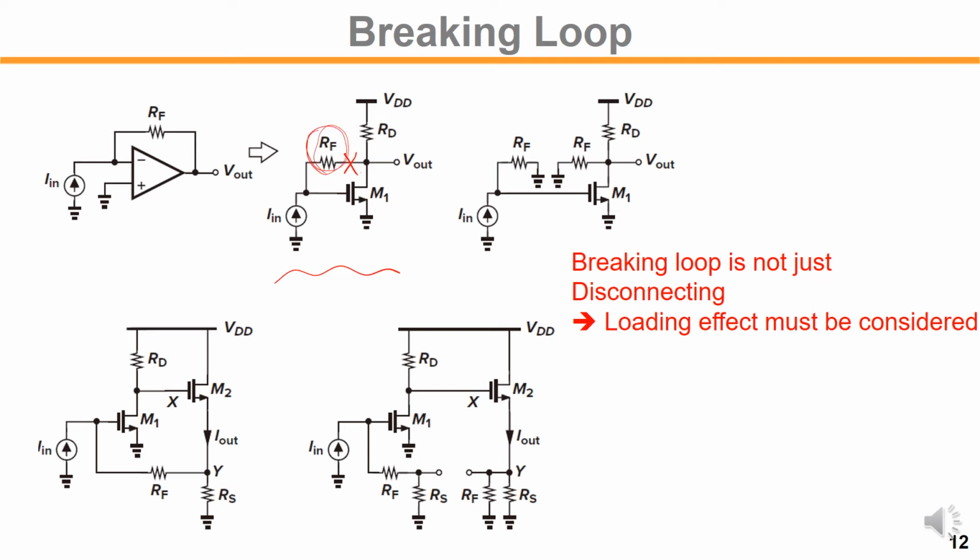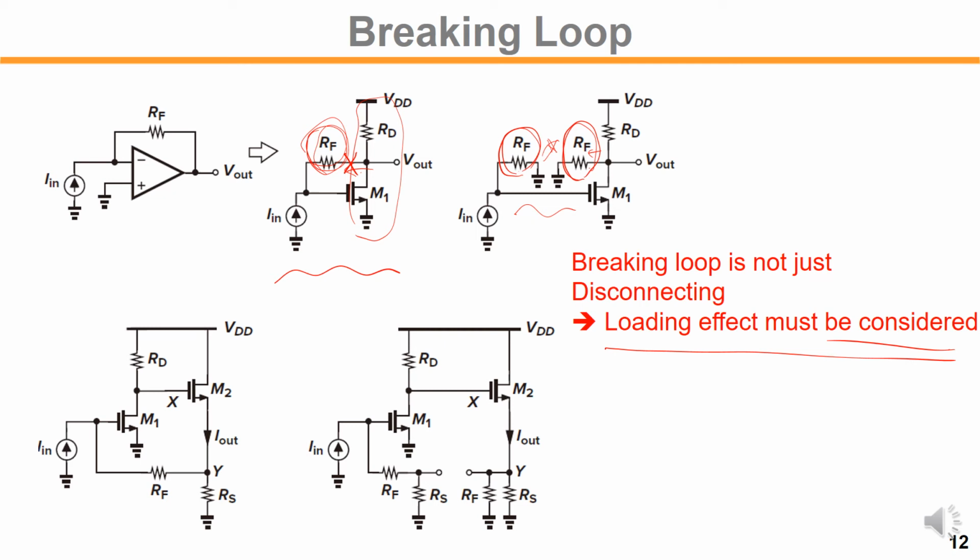For this common source amplifier, we are looking at the RF. So when you break the circuit, you have to consider the impedance on the left and right of the breaking point. The amplifier was looking at RF, and the input side was also looking at RF. So all these impedance loading effects must be considered when you break the circuit.